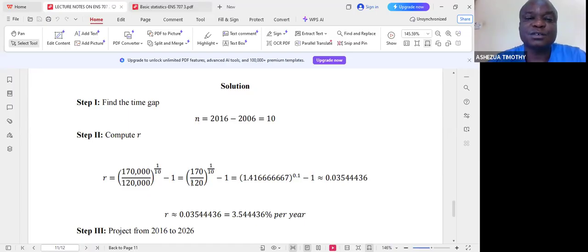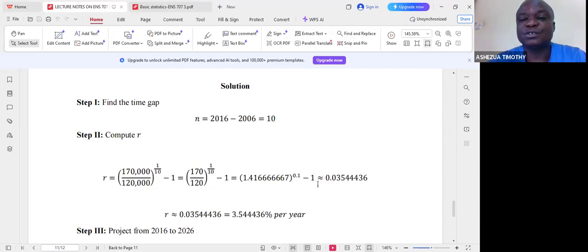If you perform this algebraic simplification, 170 over 120, you have 1.41666667. And 1 all over 10 is the same thing as saying 0.1, minus 1.